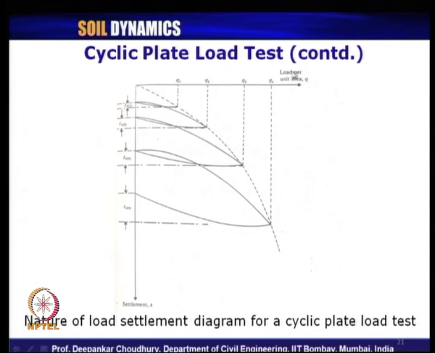In your x axis, you can draw load per unit area also, or the load itself also, versus the settlement. In the cyclic plate load test, what are we doing? We are starting from here, the graph is coming, this is the loading curve. Then we remove the load completely, take out the full load. As the soil is not fully elastic, it will not trace back the same path, it will go in some other path like this.